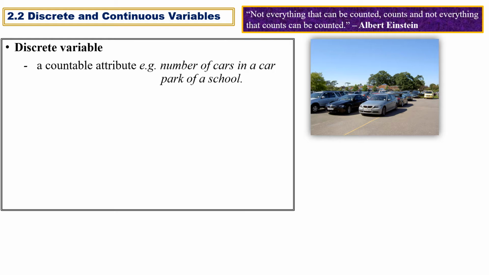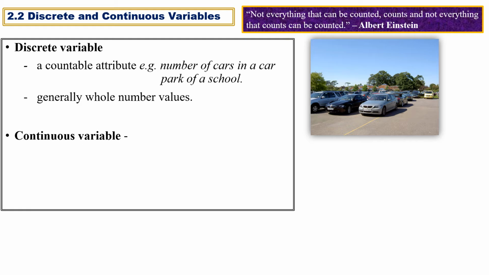Now, discrete variables are generally whole numbers, and that makes sense because you're counting, you would normally count in the following manner: 1, 2, 3, 4. Nobody really counts and says 1.5, 2, 3.5. Nobody really counts like that, right? So expect discrete variables to take up whole number values.